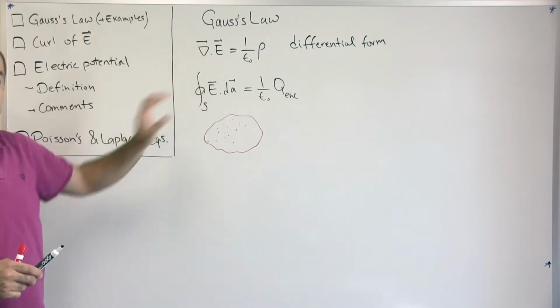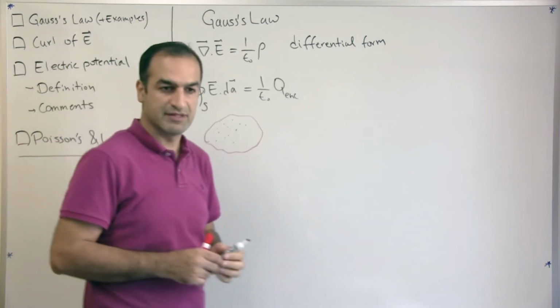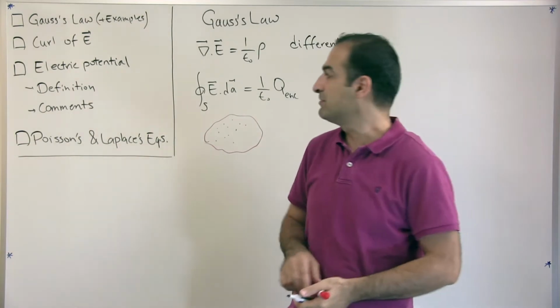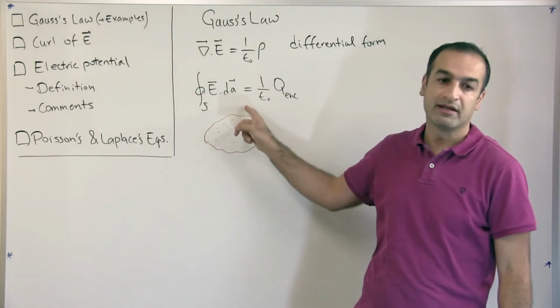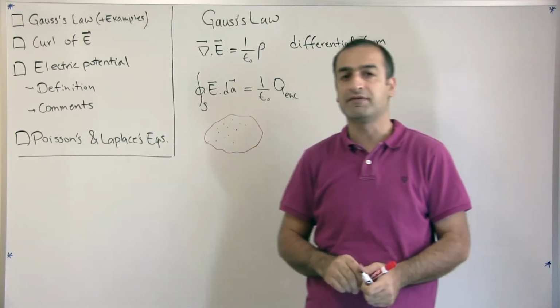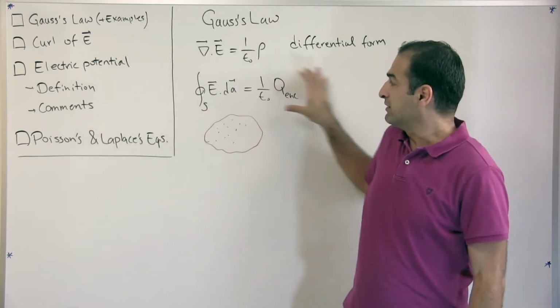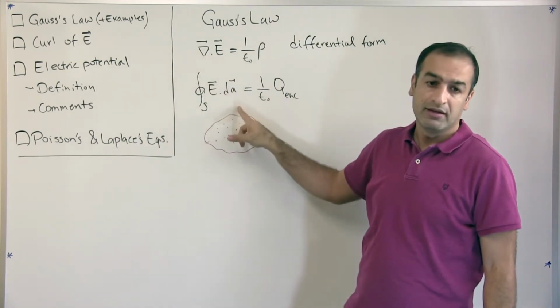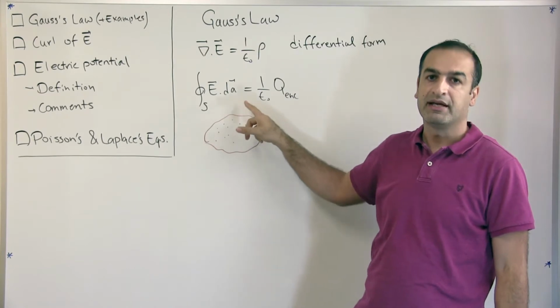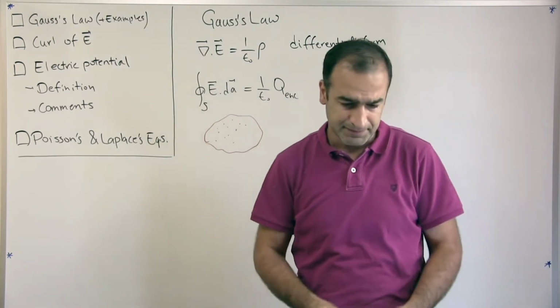This is very useful when we have certain cases of symmetry. If we have symmetry, we can carry out this integral relatively easily. If we don't have symmetry, it's still correct, but doing this integral is difficult, okay? And because of that, we don't really use that.